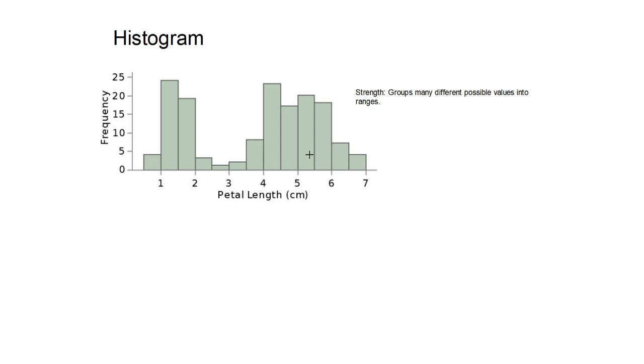Here they broke it into half centimeter groupings. And so the data doesn't necessarily have to be decimal values. They could be integers, but maybe it goes from like 3 to 5,000 or something, and you don't want 5,000 ticks on your graph, so you group it into bigger buckets.